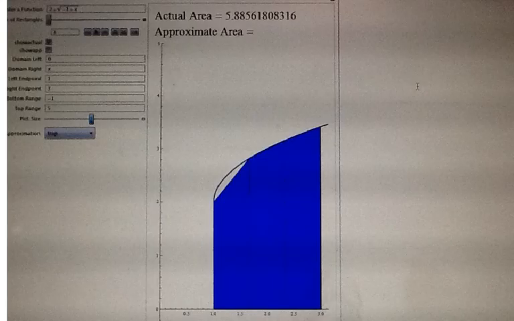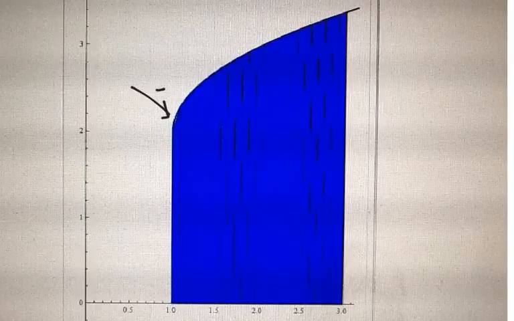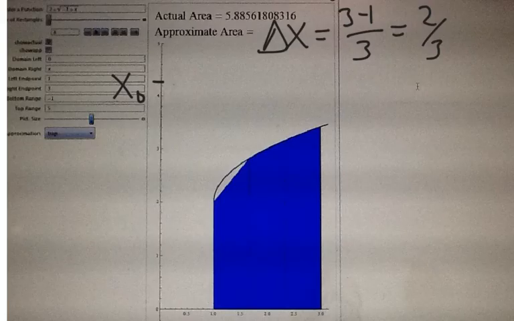But nonetheless, our delta x is going to be, we're looking on the interval from 1 to 3, so it's going to be 3 minus 1, and we have 3 trapezoids, so delta x is 2/3. And so the endpoints of our subintervals are going to be, I accidentally hit the button to move to the other screen.